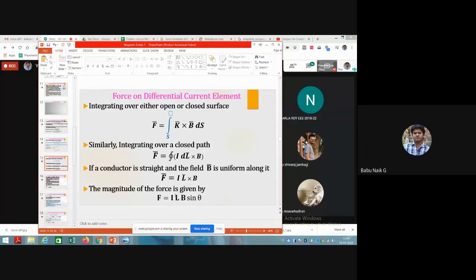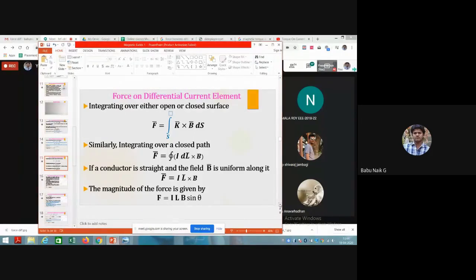If you take the angle between the length of the conductor and the magnetic field, it is sine theta, from the cross product. So the force is I L B sine theta for a straight conductor. Up to here, we saw in yesterday's class.